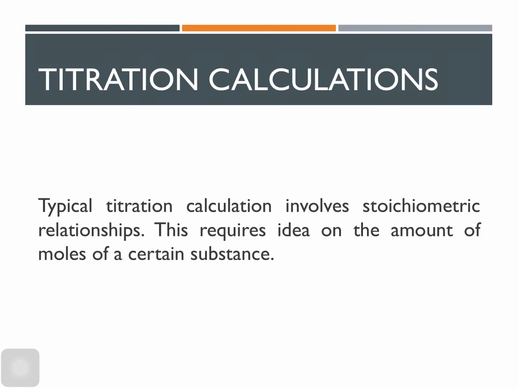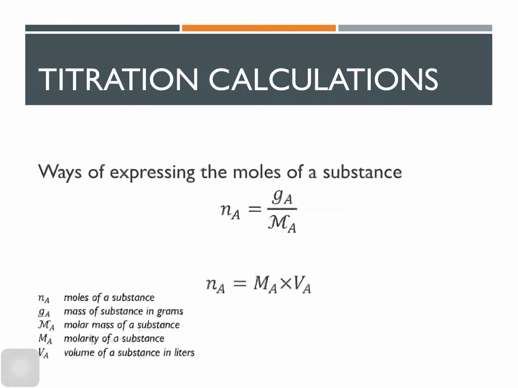In calculating titration problems, we have to know the stoichiometric coefficients of our substances. When I say stoichiometry, we are dealing with the moles of substances. And we have ways to solve for the moles of our substances.